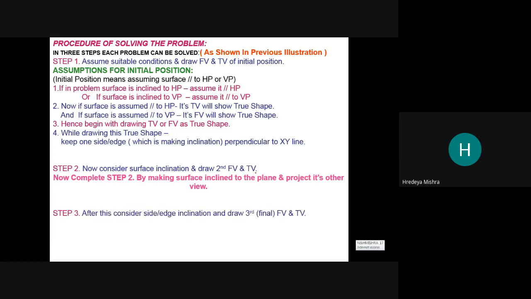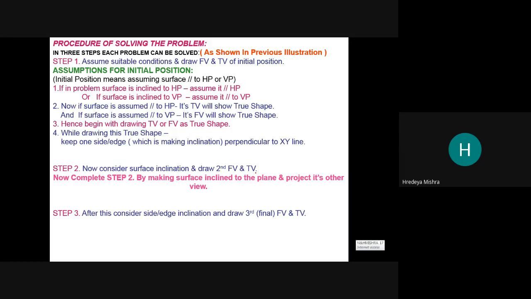Now step 3: after this, consider the side inclination and draw the third front view and top view. The first drawing is where we don't have any inclination or side inclination, so we get the front view and top view. Second, we include the plane inclination with the reference plane.